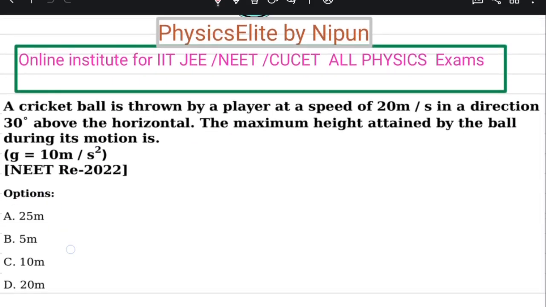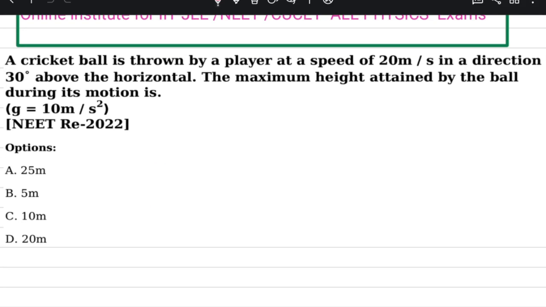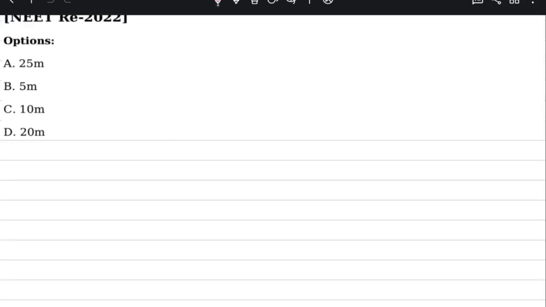A cricket ball is thrown by a player at a speed of 20 meter per second in a direction 30 degree above the horizontal. The question asks for the maximum height attained by the ball. Again the same thing.